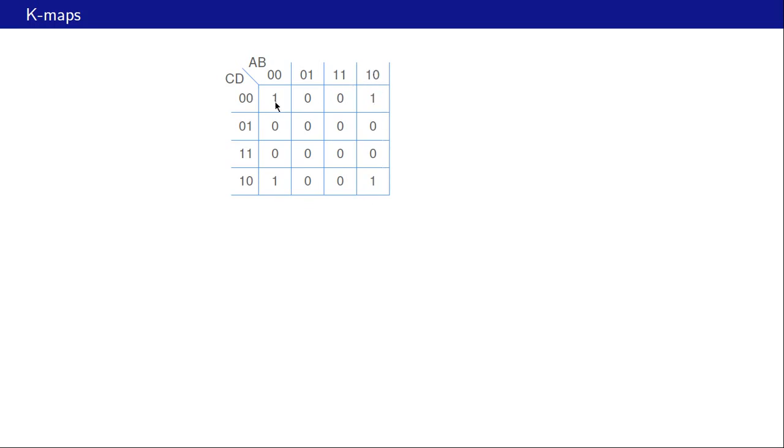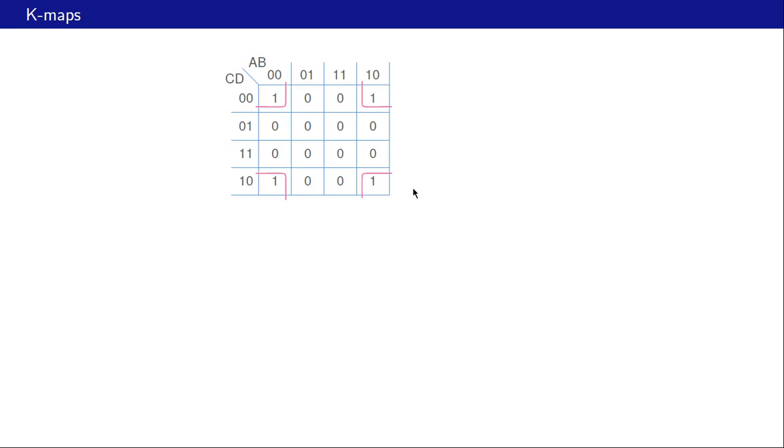Similarly, this row is adjacent to this row. And therefore it is actually possible to draw a rectangle which will cover all of these 4 ones like that. And you are definitely encouraged to redraw this K map so that these 4 ones will appear as a bunch.